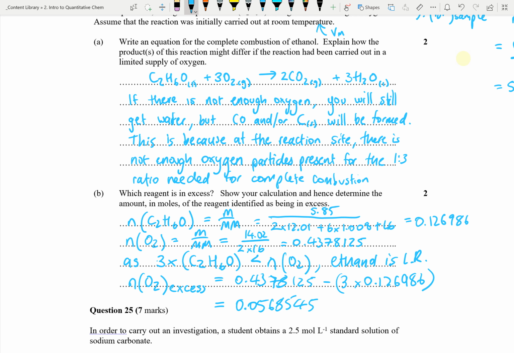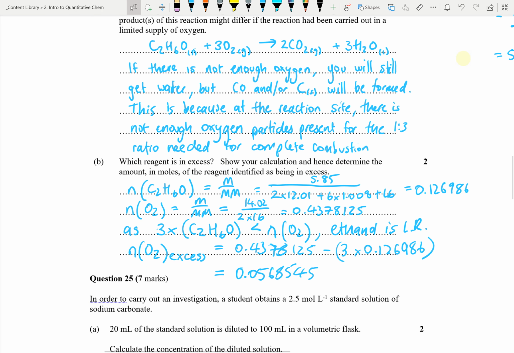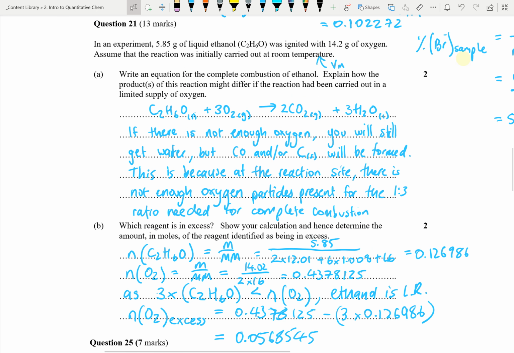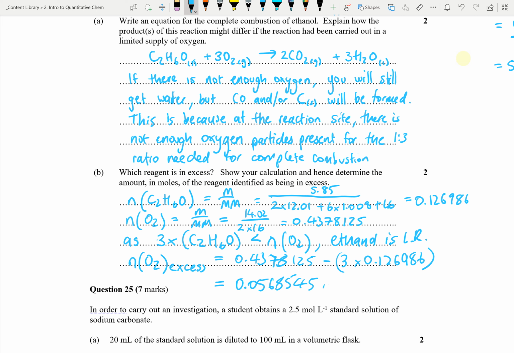And then sig figs, what do I got? All the numbers I'm using are in 3 sig figs. So I'm going to express my answer in 3 sig figs, which would be 0.0569 mole.